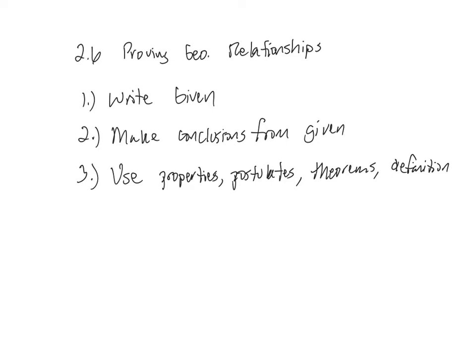And then after you've done that, and that might be 2 or 3 different steps, you should have the proof statement at the end. Okay, so that's important that you know those steps.